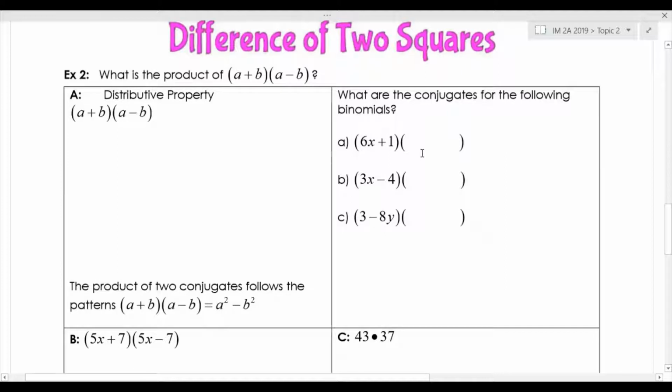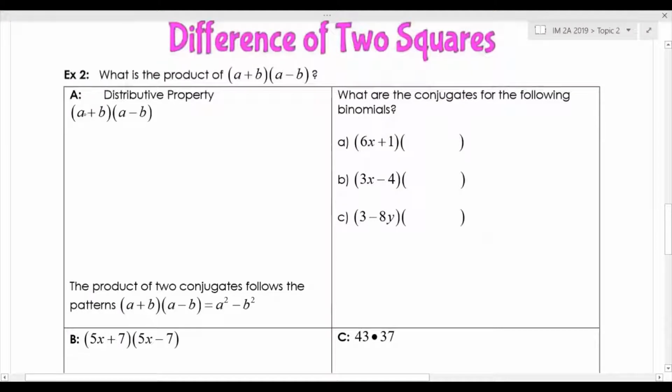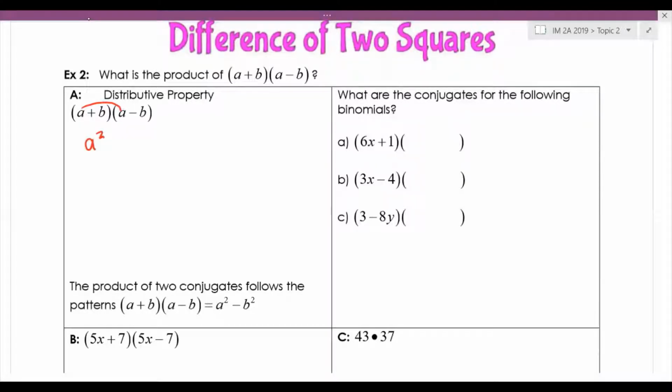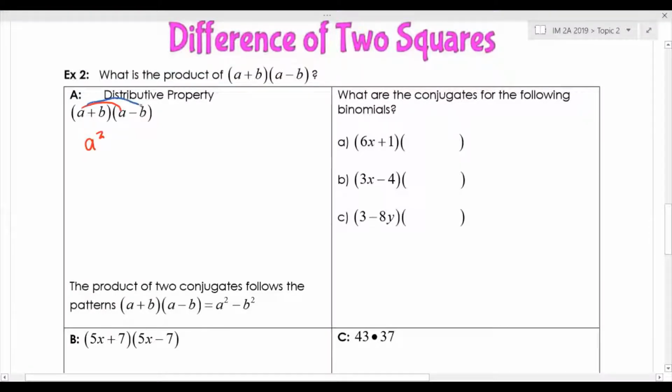And so difference of two squares is represented here by the product of a plus b times a minus b. And so using the distributive property, let's see what happens. So if I distribute a times a is a squared, and then a times negative b is minus ab.